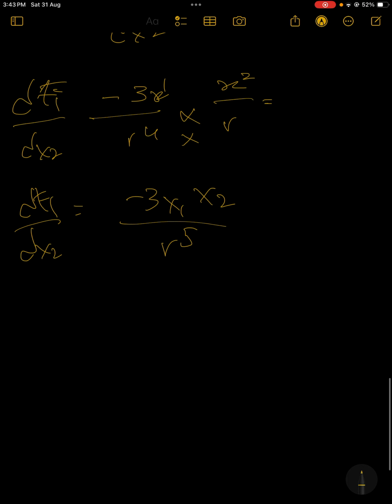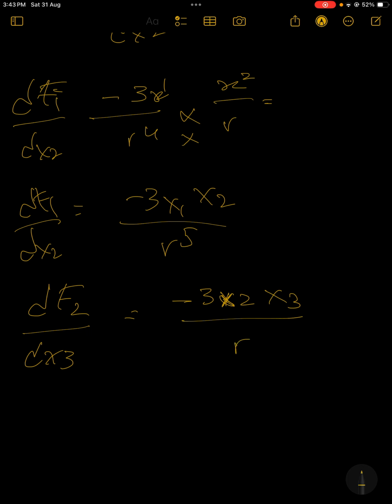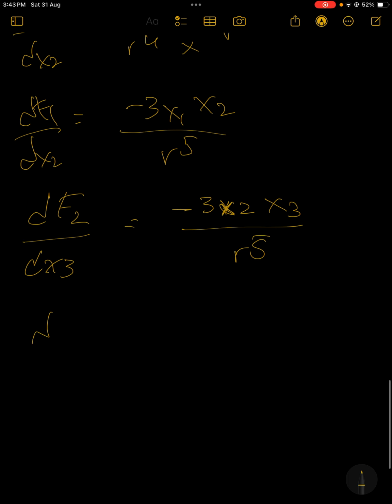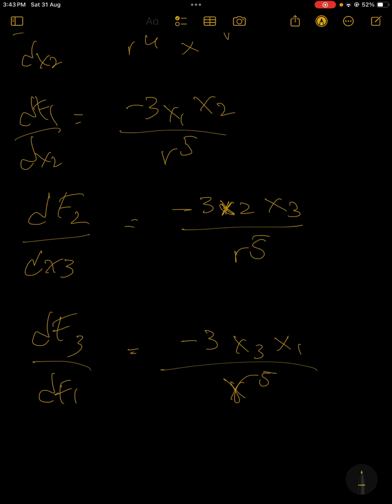The same thing we are going to do with the df2. For instance, that's the df2 divided by dx3. It's going to be minus 3 x2 x3 divided by r to the 5. df3 divided by dx1 is minus 3 x3 x1 divided by r to the power 5.